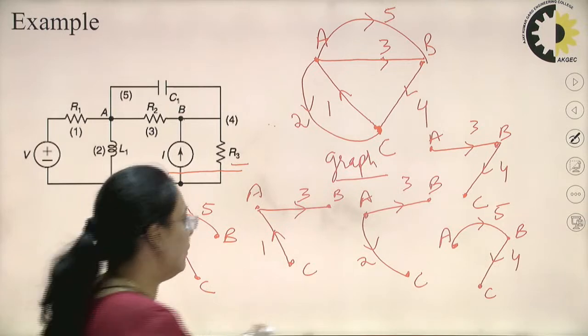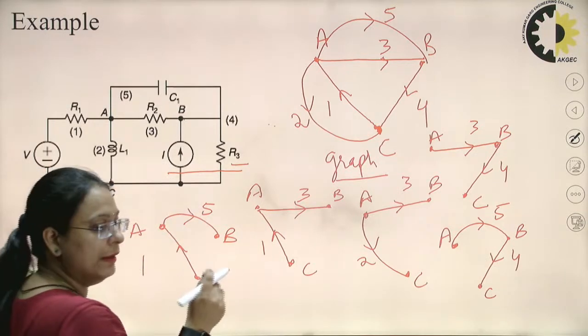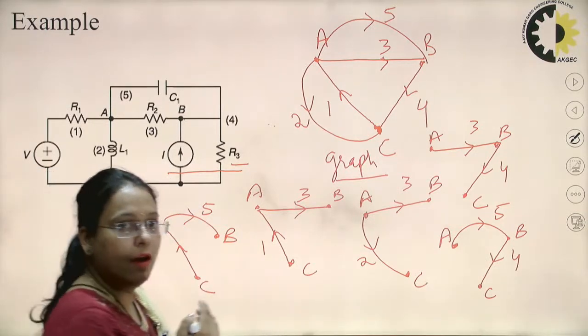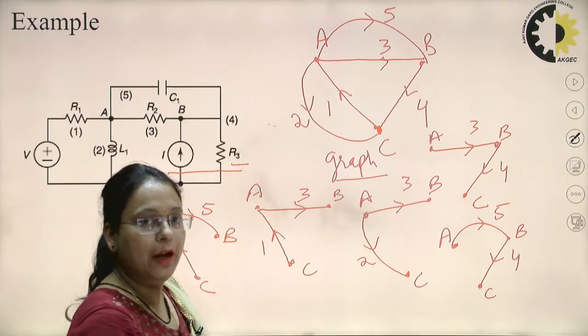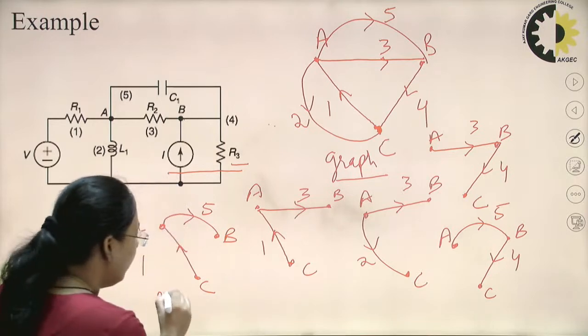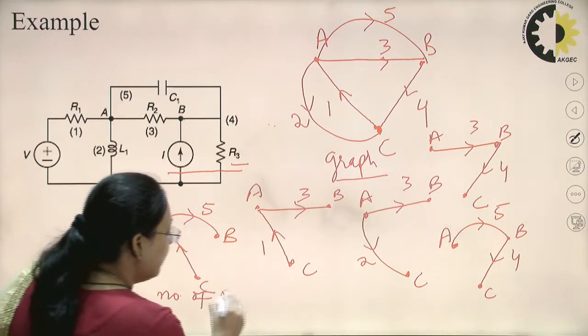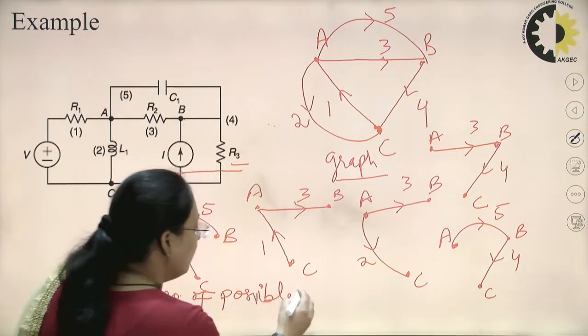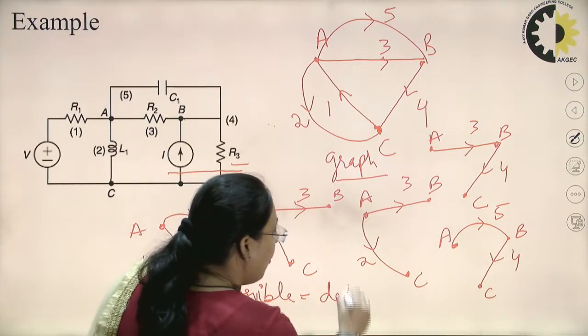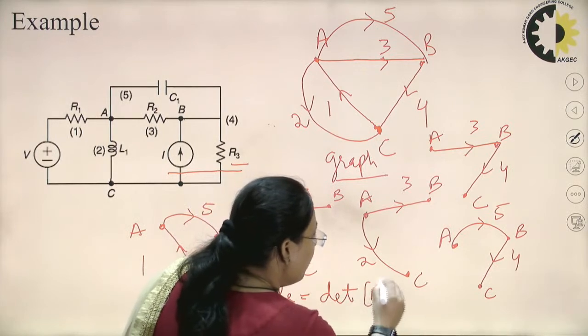Also there is one formula for determining how many trees will be formed from a particular graph. The number of possible trees will be equal to the determinant of A into A transpose.